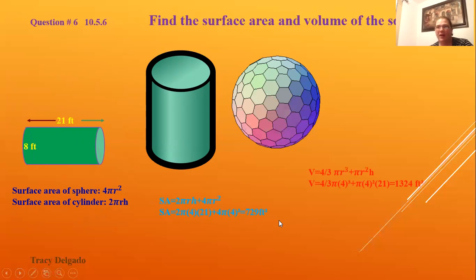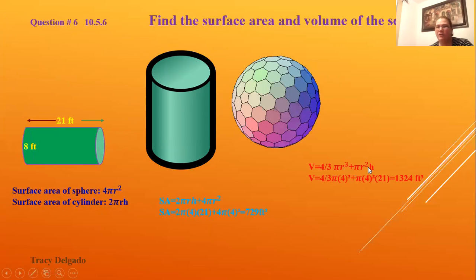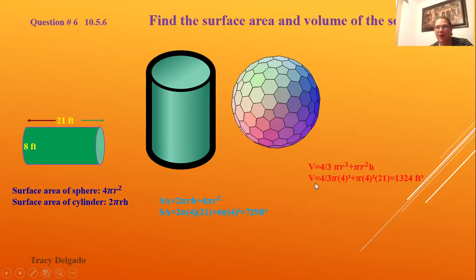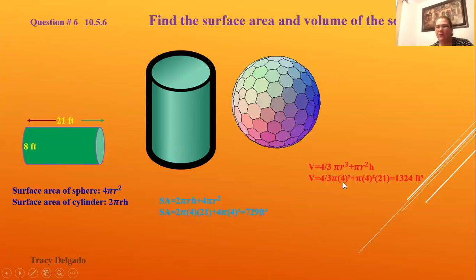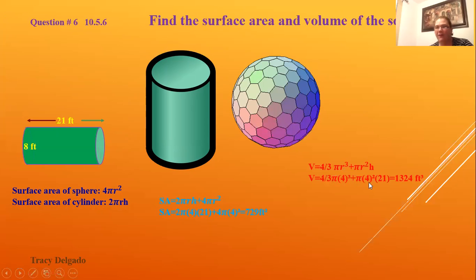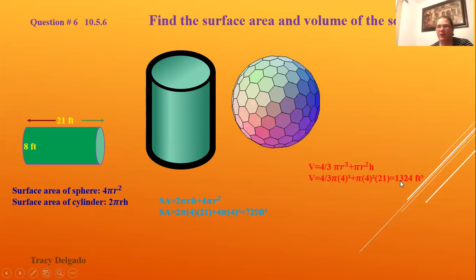And we find the volume is 4/3 pi r cubed plus pi r squared h. Volume equals 4/3 pi times 4 cubed plus pi 4 squared times 21 equals 1,324 feet cubed.